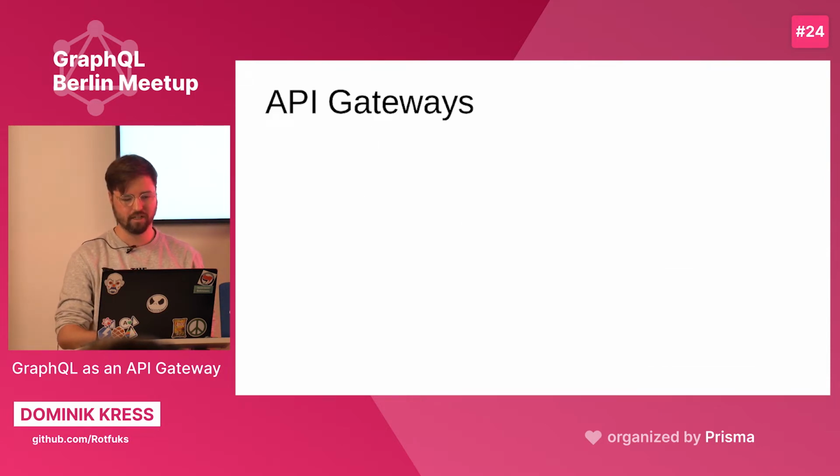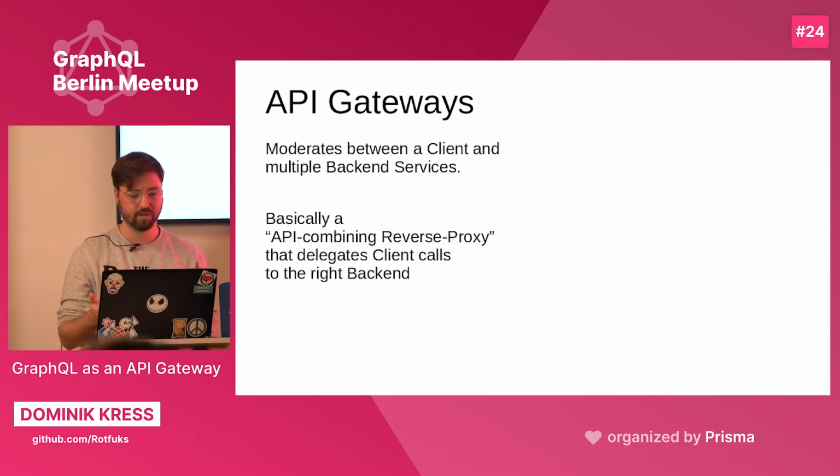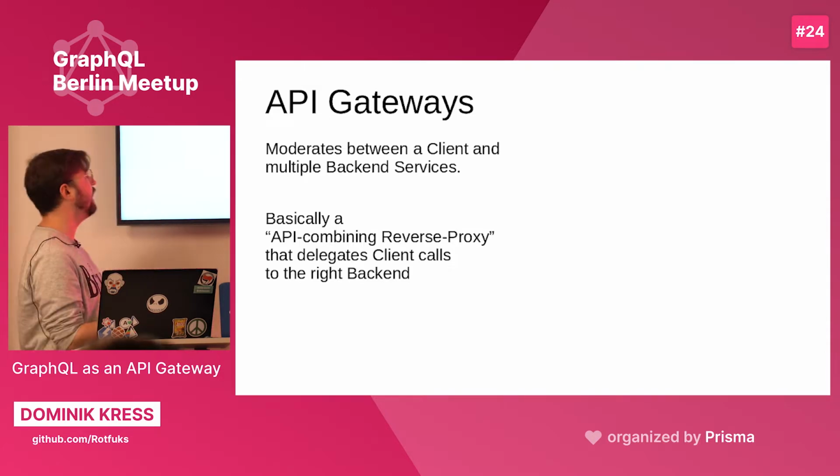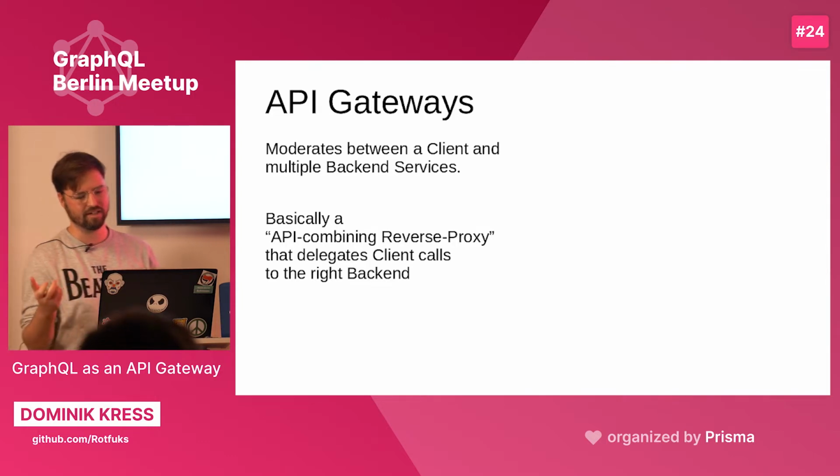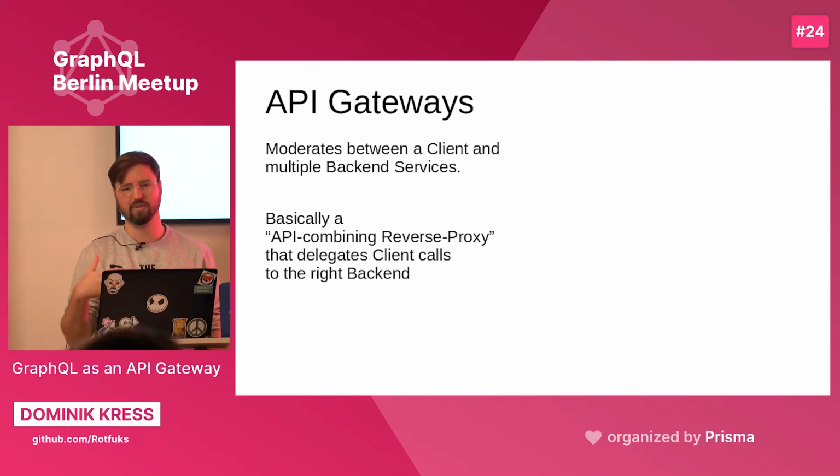And what are API gateways? Well, an API gateway moderates between a client and multiple backend services. It's basically something like an API combining reverse proxy that gets some calls from the clients and then just distributes it to different backend services, basically to the right backend service where it has to land.